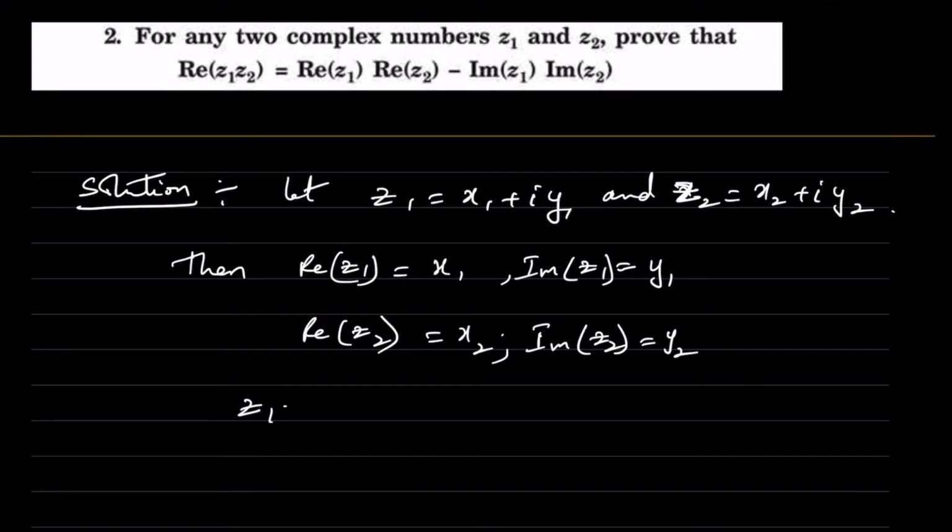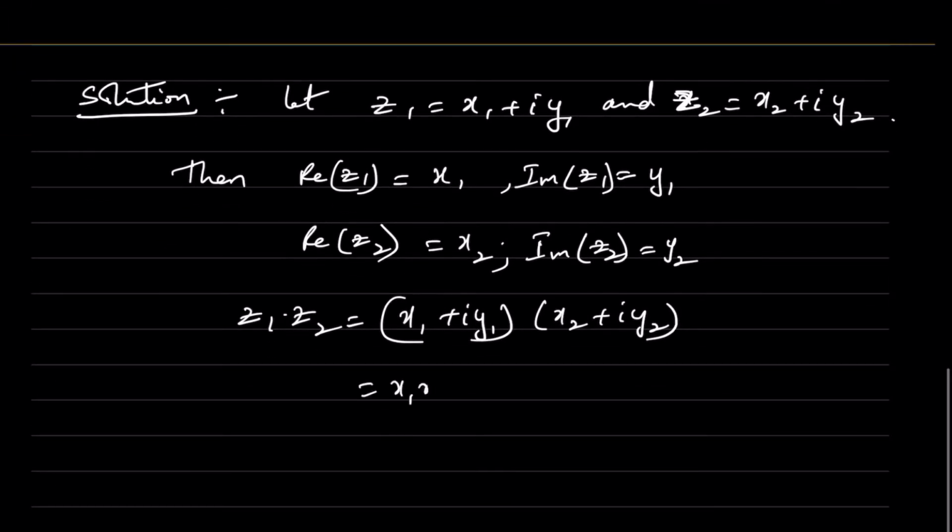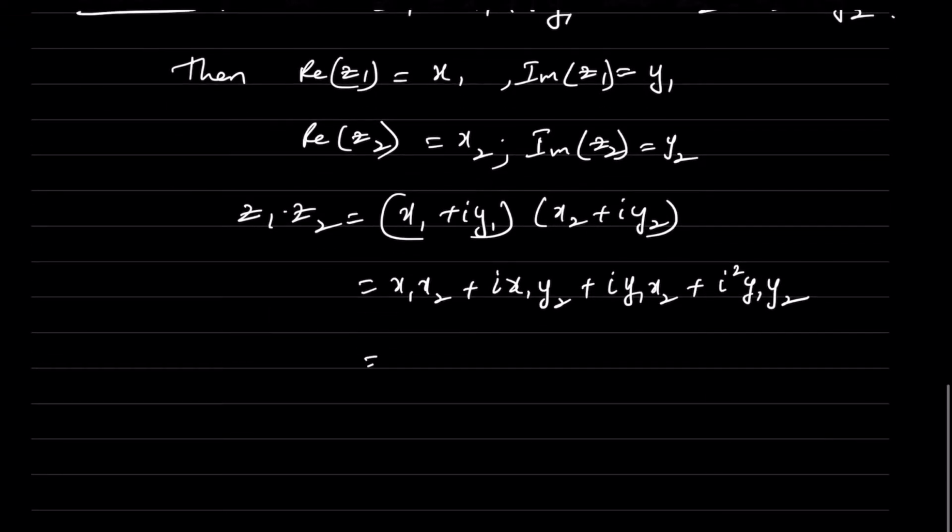So z1 into z2 is equal to (x1 plus i y1) into (x2 plus i y2), which is equal to x1 x2 plus i x1 y2 plus i y1 x2 plus i square y1 y2. So this is equal to x1 x2 plus i square into y1 y2 plus i into (x1 y2 plus y1 x2) you are getting.